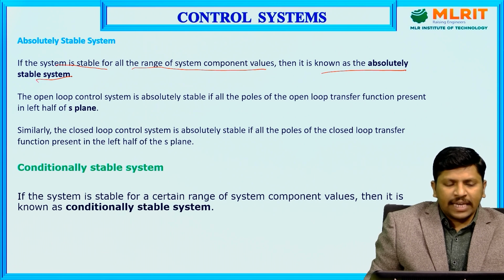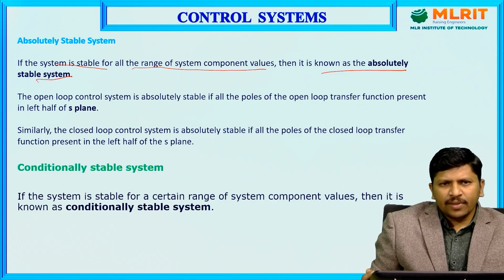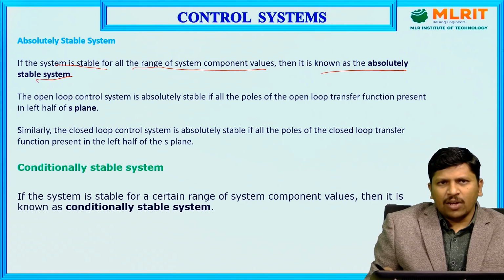For example, k is a parameter or component of that system and ranges from 0 to some bounded value, then that type of system is an absolutely stable system.